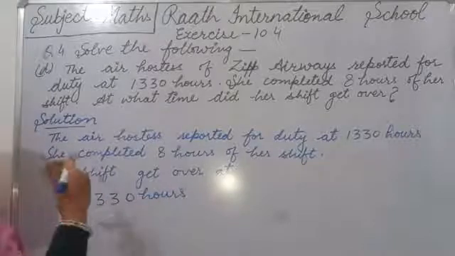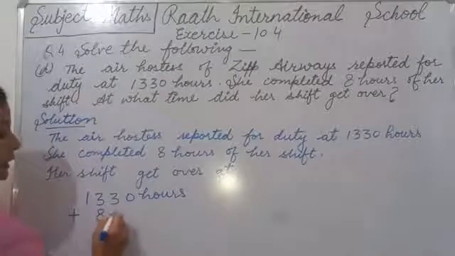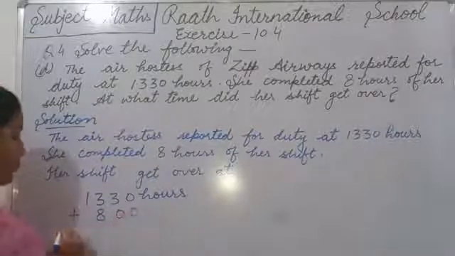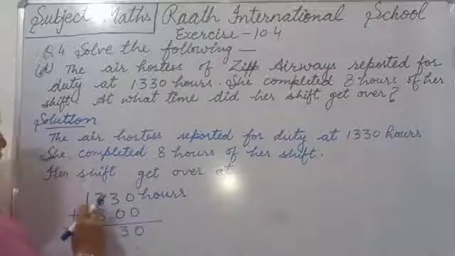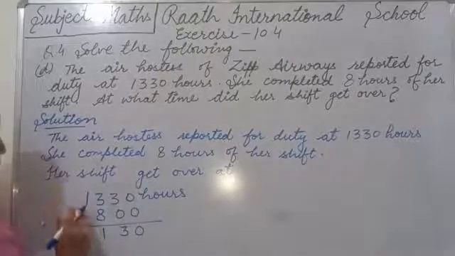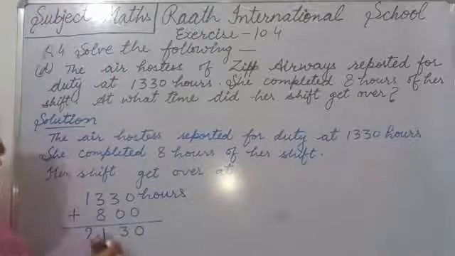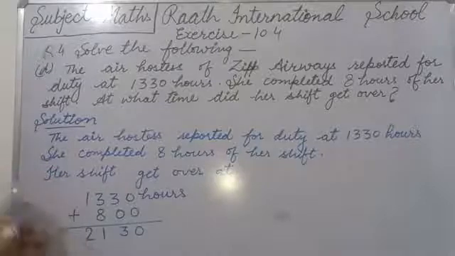plus 8 hours. Okay, here in hours we will add 8, minutes 0 0. Okay, now we will do addition. 0, 3, 8 plus 3, 11. 1 carry, 1 plus 1, 2. So 21:30. This is 24 hours clock. So till 24 the same day will be there.